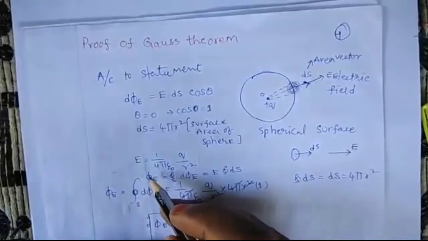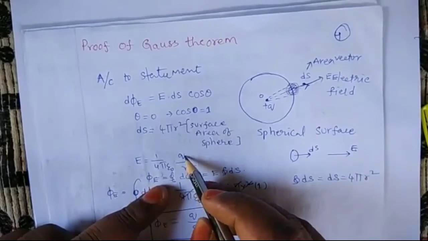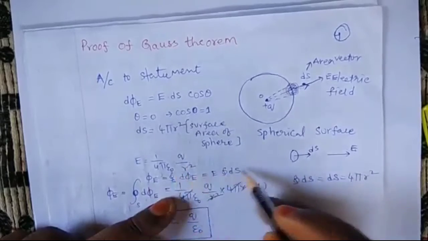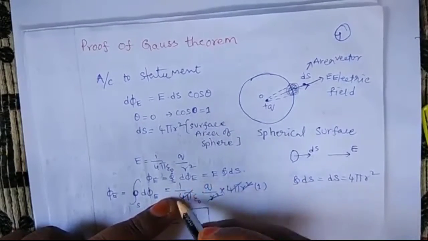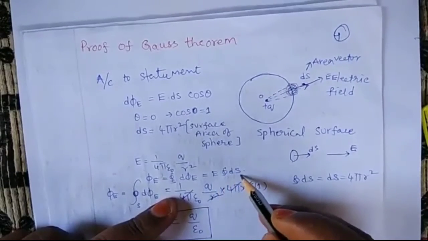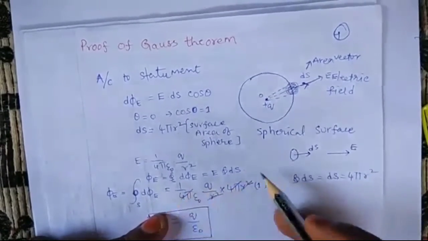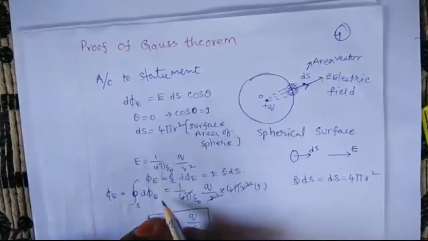We know the electric field intensity formula is 1 by 4 pi epsilon naught Q by r square. So phi is the integral of d phi E, equal to E integral ds.